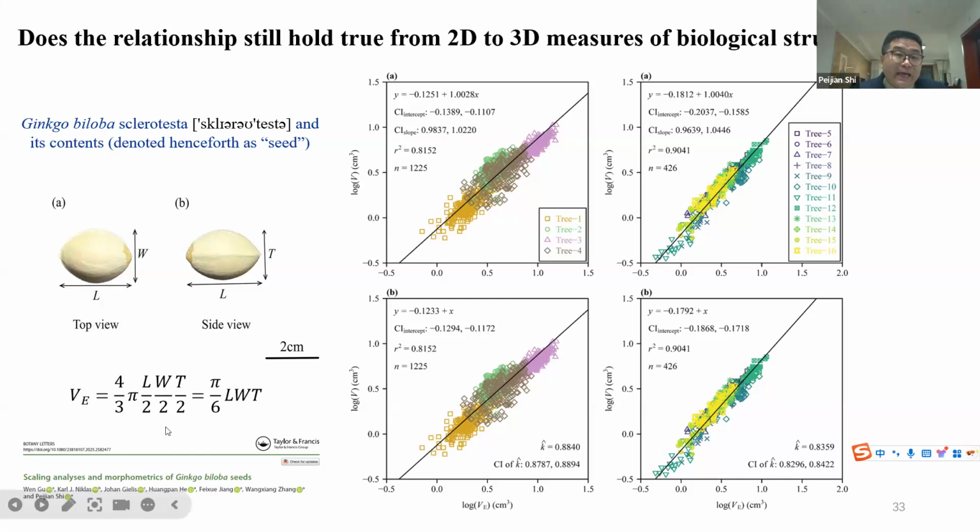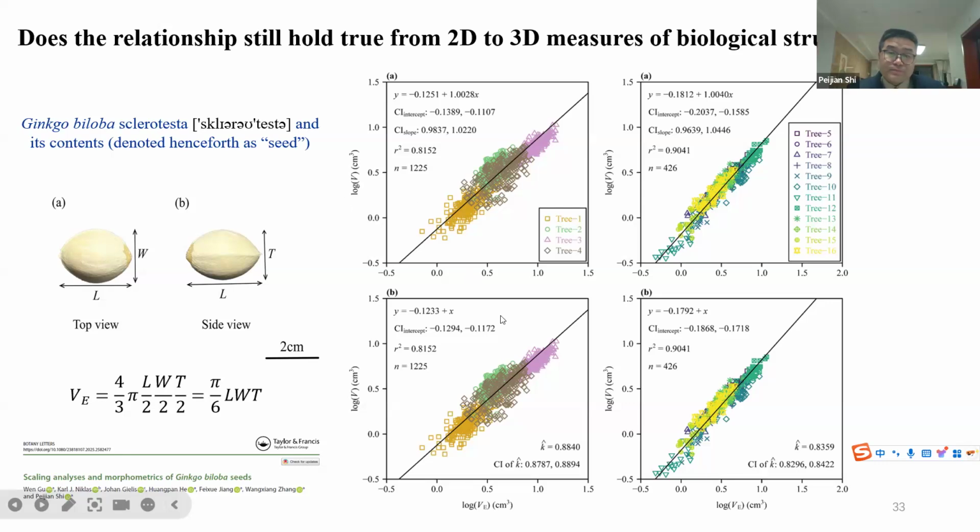So we can get its theoretical volume. And we use a graduated cylinder to measure its observed volume.